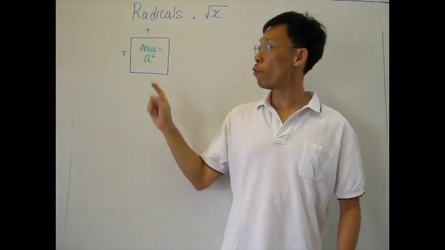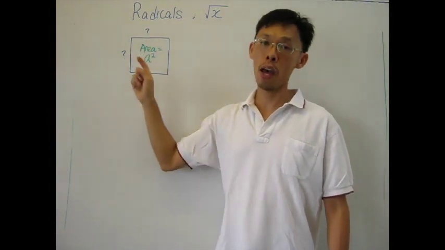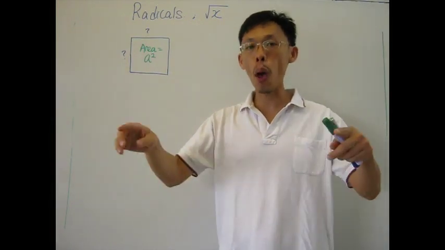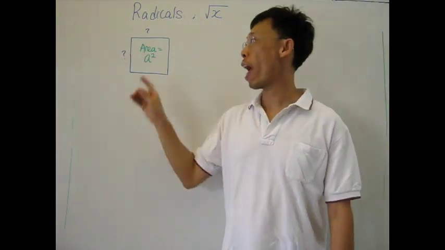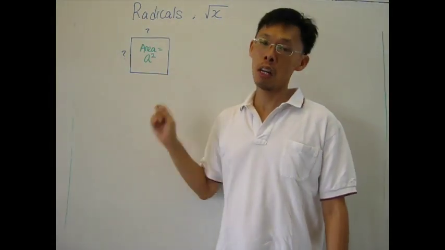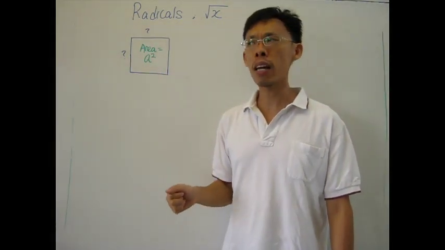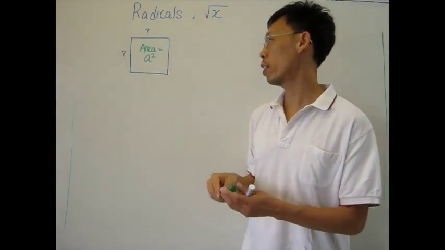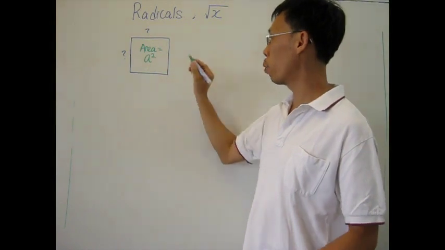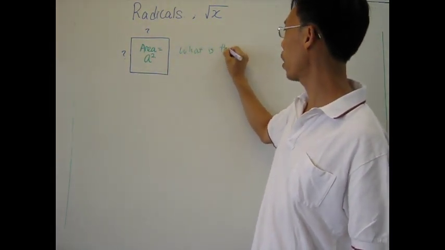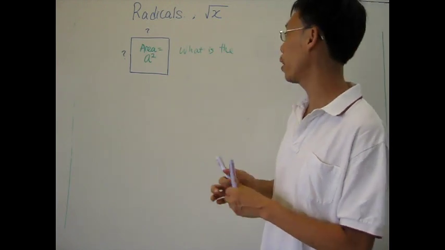For example, if you have a plot of land, a square plot of land, and you know the area of this square plot of land, and you want to ask, well, what is the side?